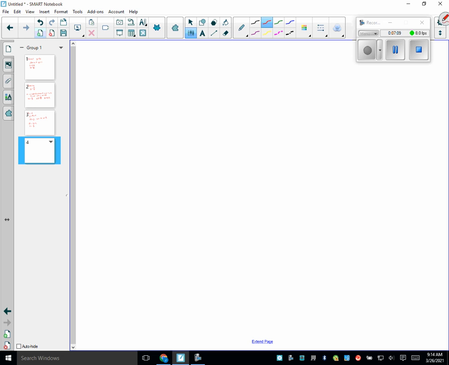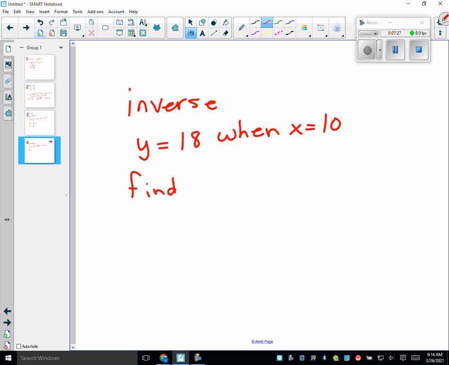If y, so we're talking about inverse, y is 18 when x is 10, find y when x is 22.